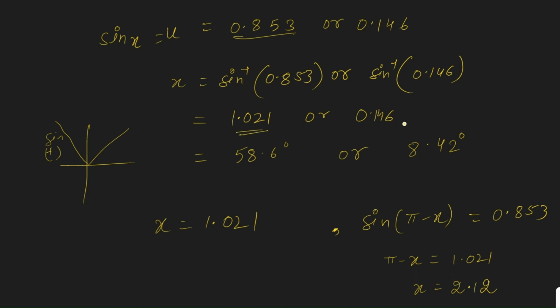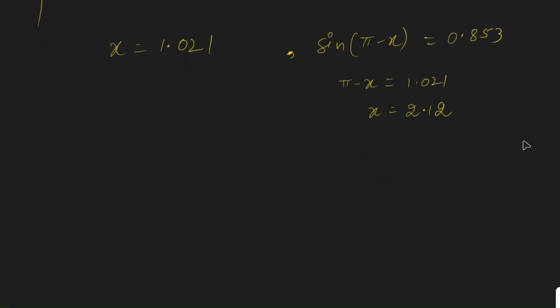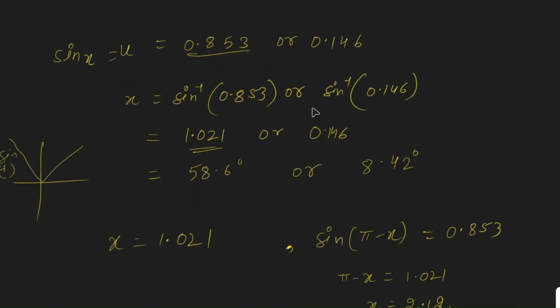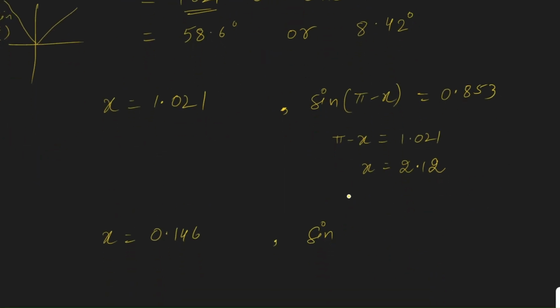Now we have one more, 0.146. For this we'll use the same concept. If my sine x is 0.146, that means my sine of pi minus x will be the same, 0.146.